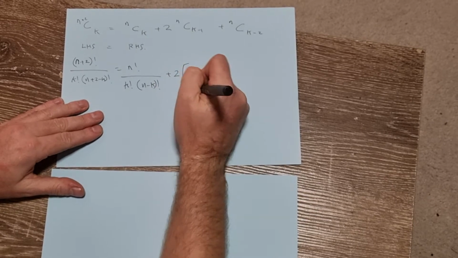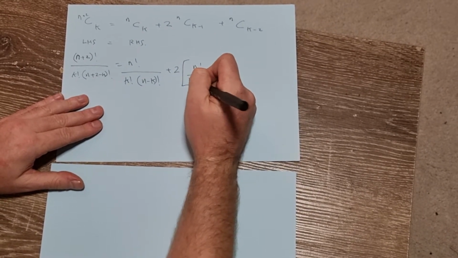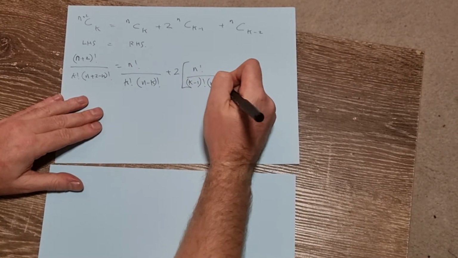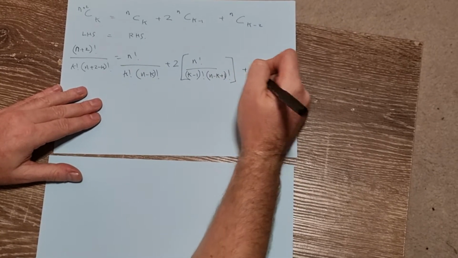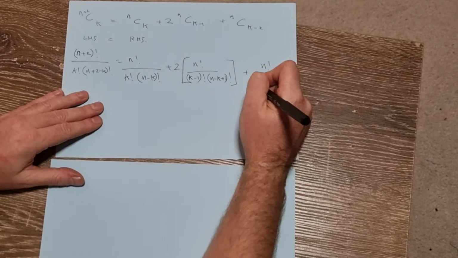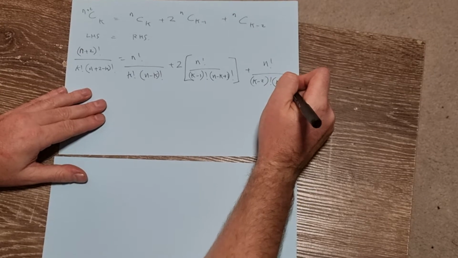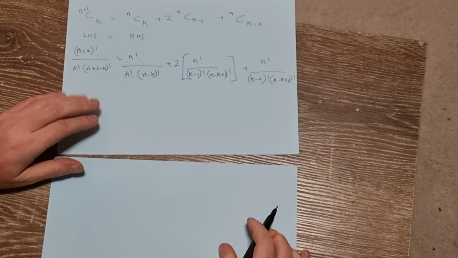You've got 2 of this, n factorial all over (k minus 1) factorial (n minus k plus 1) factorial. At the end we've got n factorial over (k minus 2) factorial, then (n minus k plus 2) factorial.